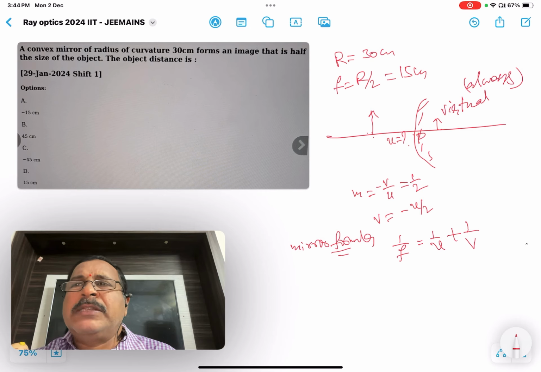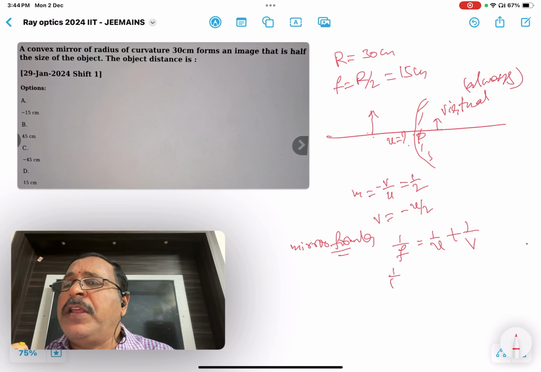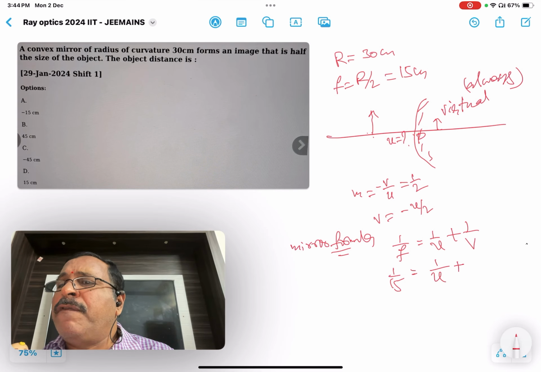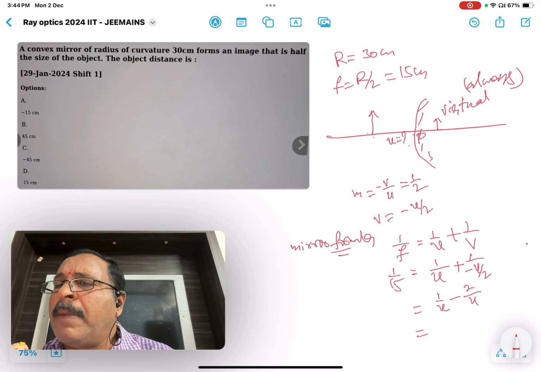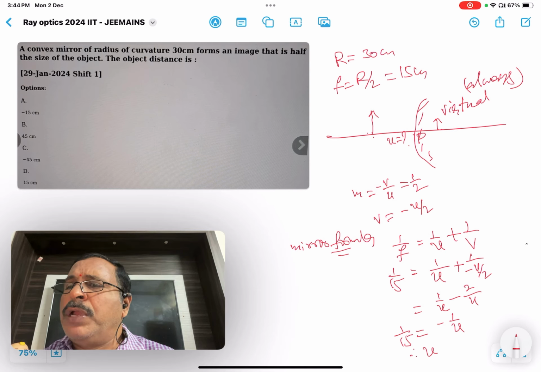Focal length of a convex mirror is always positive. 1 by f means 1 by 15 is equal to 1 by u as it is, but instead of v I am putting minus u by 2, so 1 by minus u by 2, then it equals 1 by u minus 2 by u. Then the answer is minus 1 by u. So this is 1 by 15, right? Therefore u value equals minus 15 centimeters.